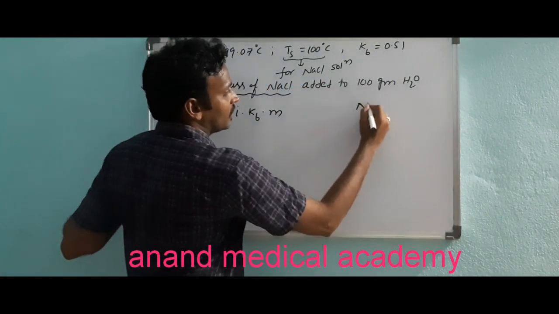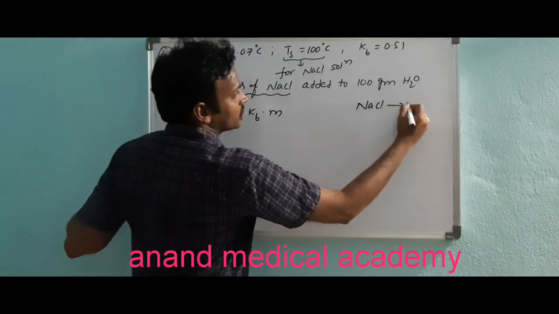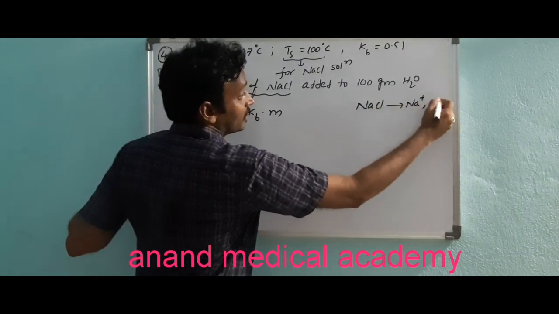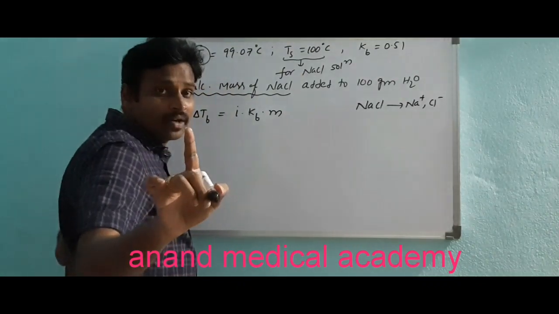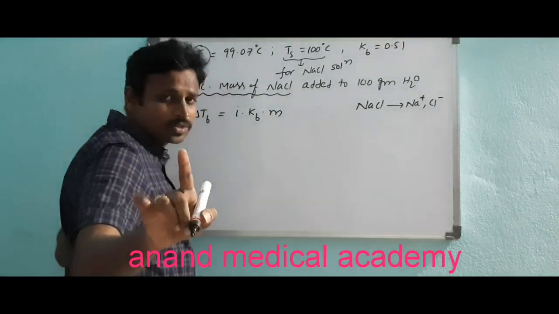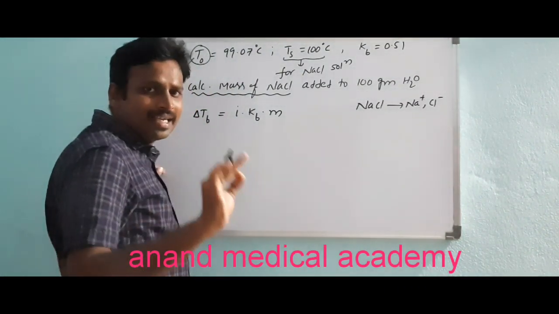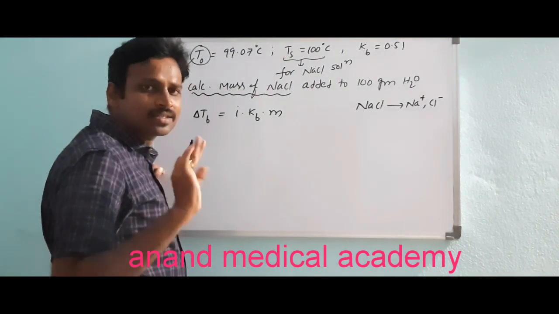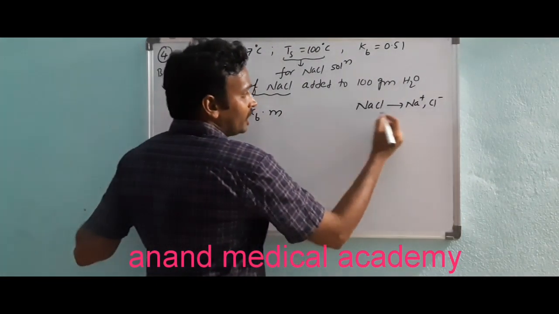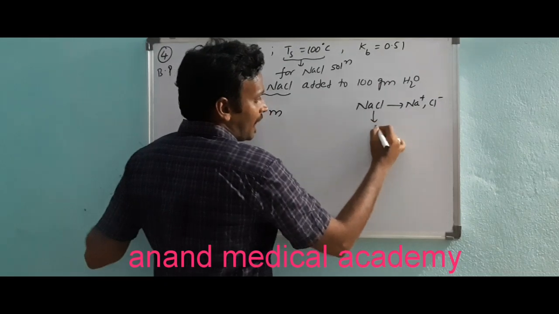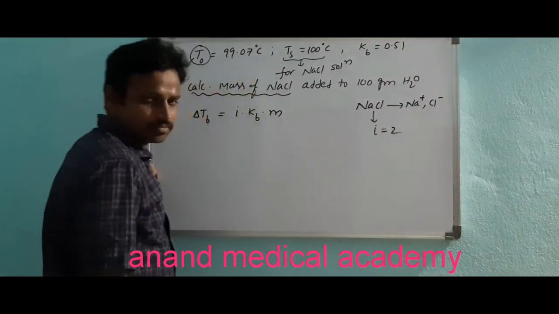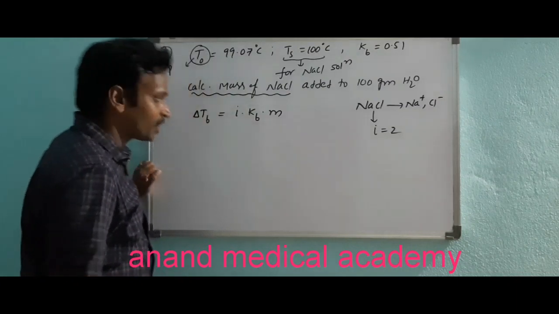NaCl will dissociate as Na plus and Cl minus. Remember, pure ionic substances dissociate 100%. So you have to take i equal to the number of particles. That's it. So for NaCl, i value is equal to 2.